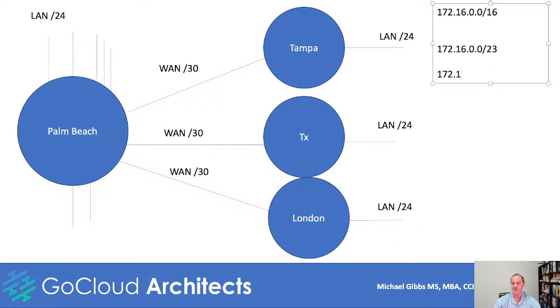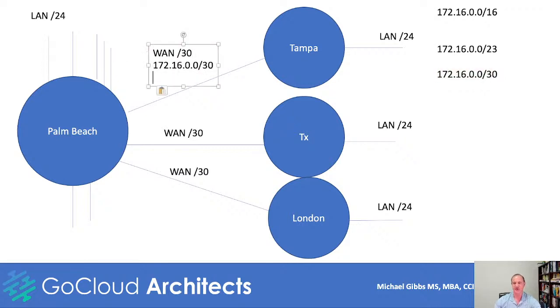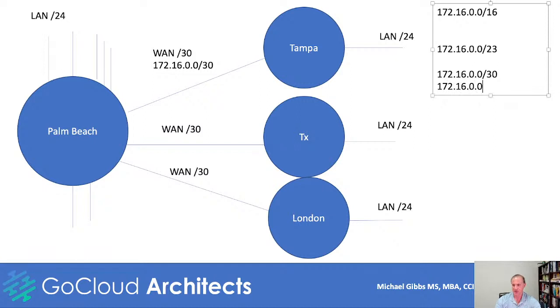And then basically what I'm going to say is for the first WAN link, I'm going to do a 172.16.0.0/30. I'm going to pop this over here. That's going to be used over here. Now this next one is going to get another link that's going to look very close. The next one down is going to get the 172.16.0.4/30.